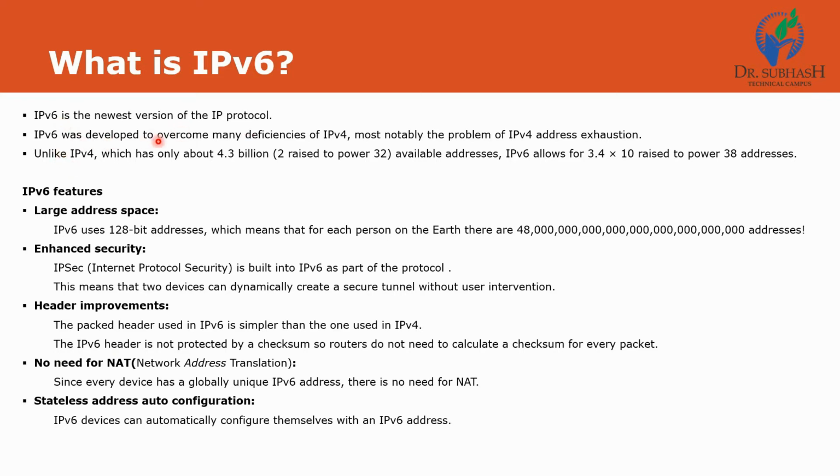IPv6 was developed to overcome many deficiencies in IPv4. Unlike IPv4, which has only about 4.3 billion available addresses, that means IPv4 provides 4.3 billion different addresses, but still there is a requirement to increase the addressing, right?